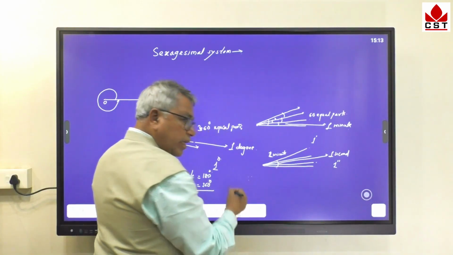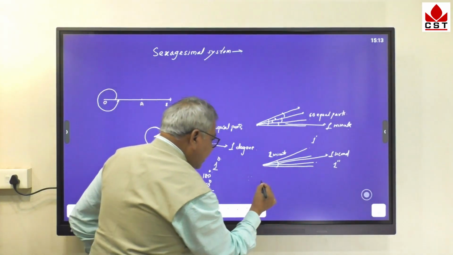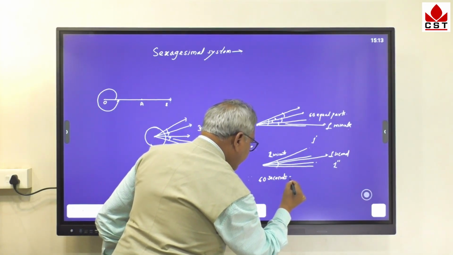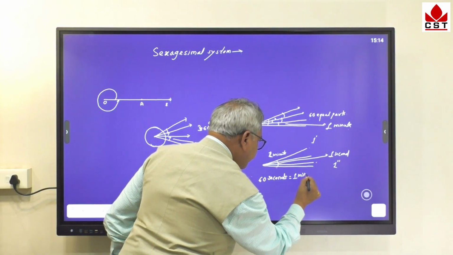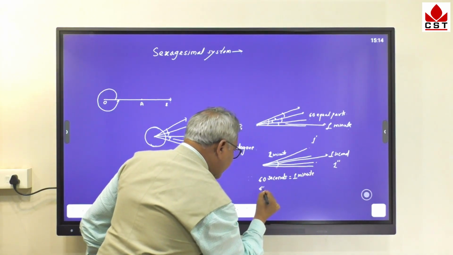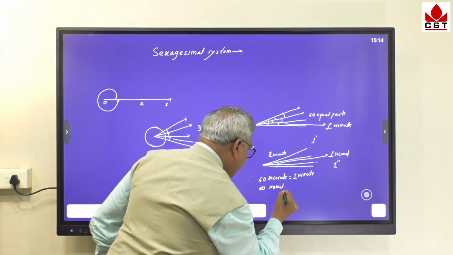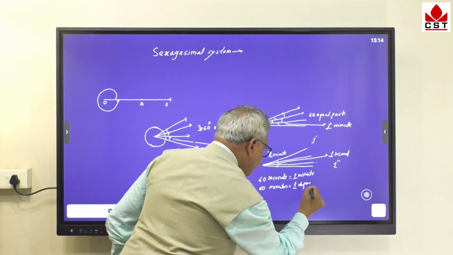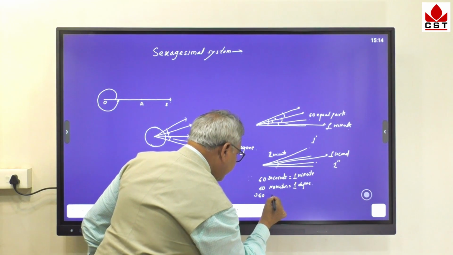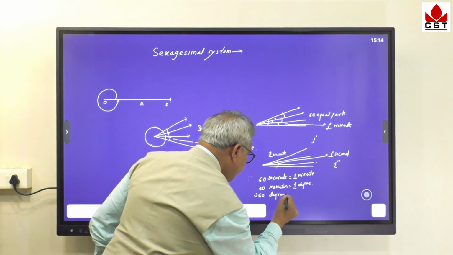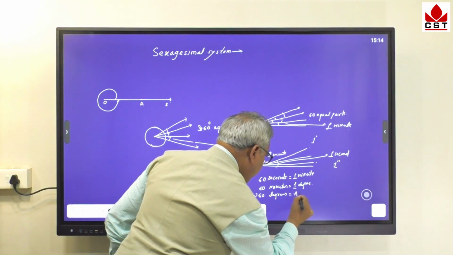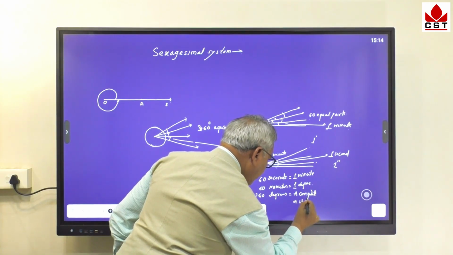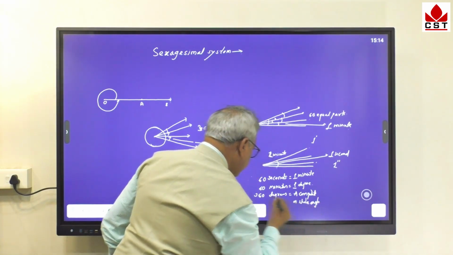So I have the relation in the sexagesimal system that 60 seconds is equal to 1 minute, 60 minutes is equal to 1 degree, and 360 degrees is equal to a complete or whole angle. It's the first part.